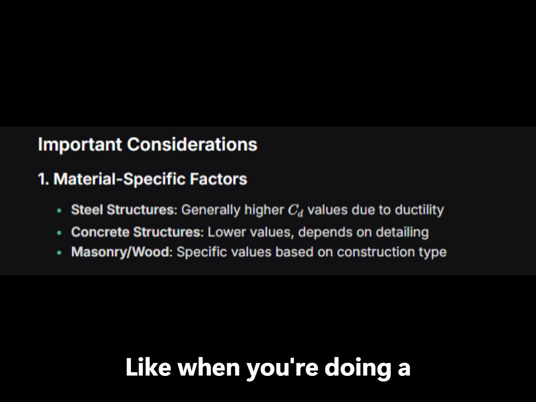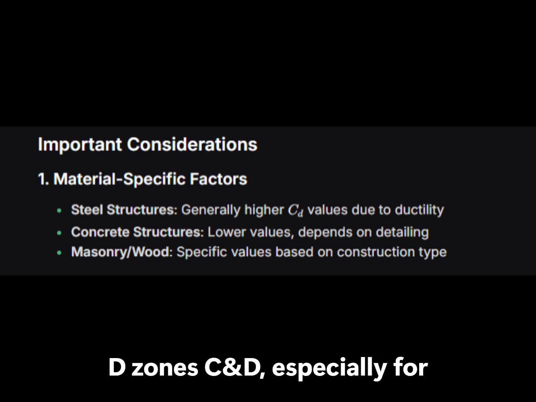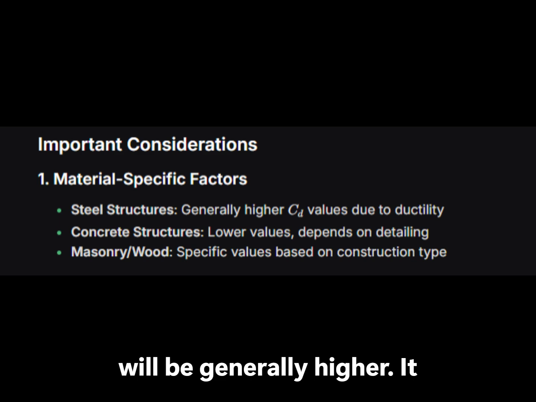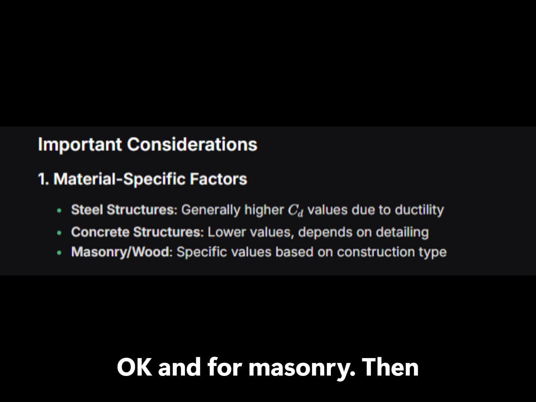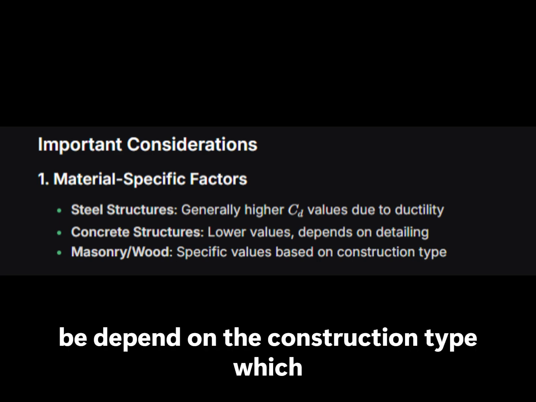When you are doing ductile detailing, especially for seismic zones C and D, this value will generally be higher. It depends on the detailing. And for masonry and wood, these values depend on the construction type you follow.